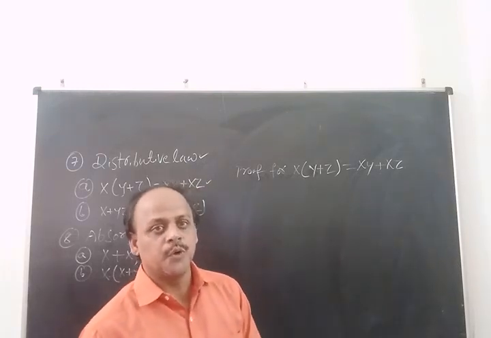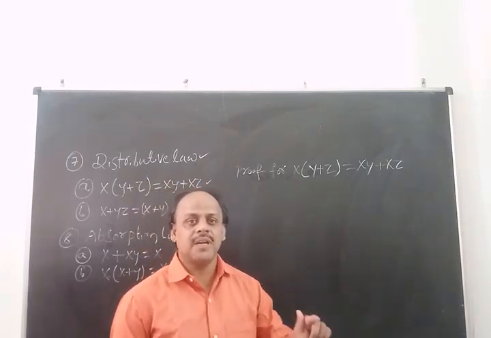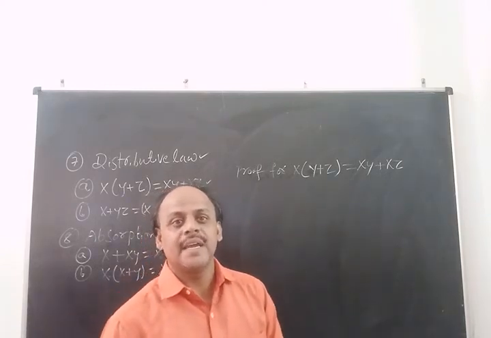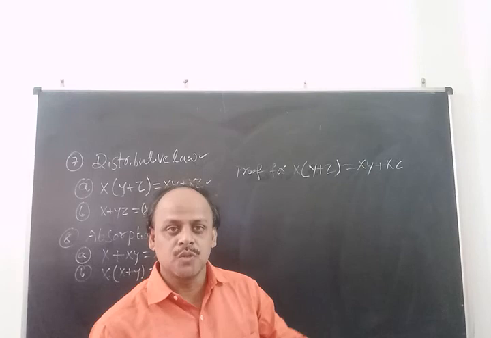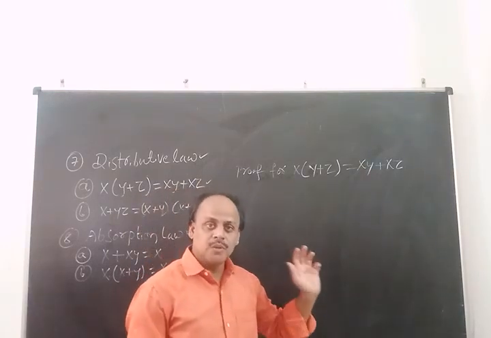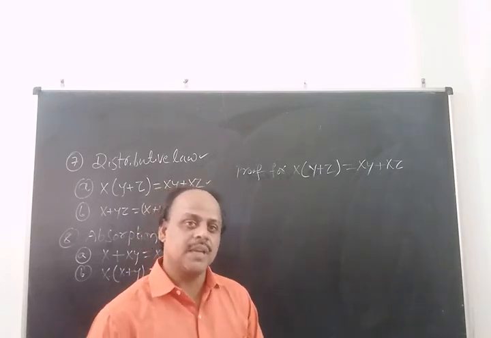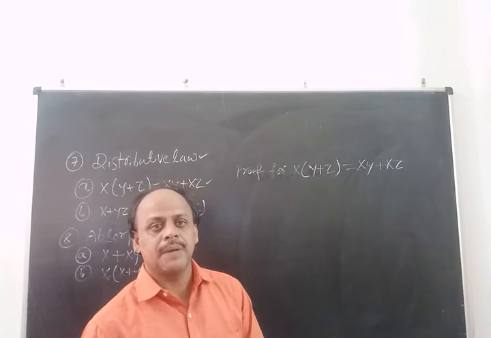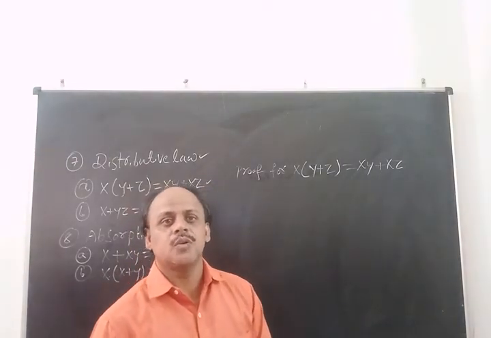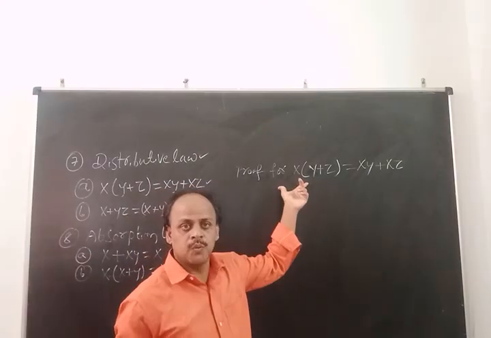First we have to put a variable value, say x is equal to 0, in LHS and RHS. If after the simplification of LHS and RHS we get the same thing, next we have to check it by putting x equal to 1. Then also if LHS equals RHS, we can say that the given law is proved.